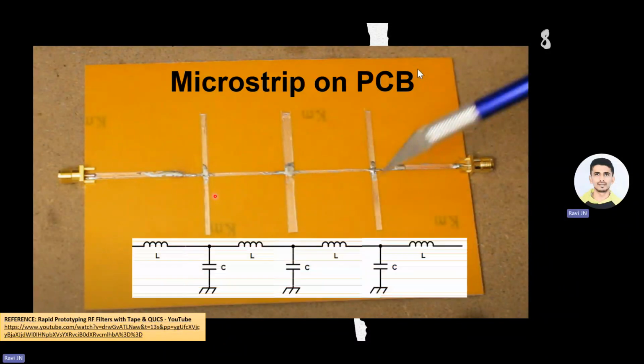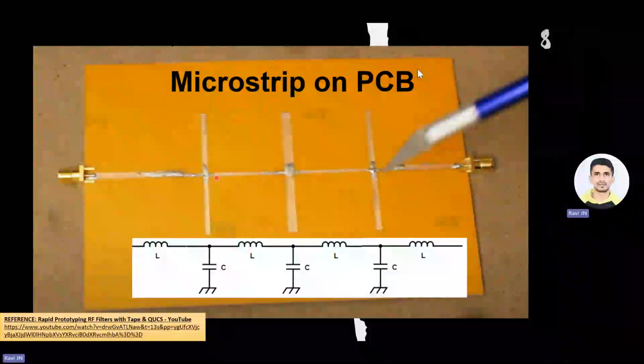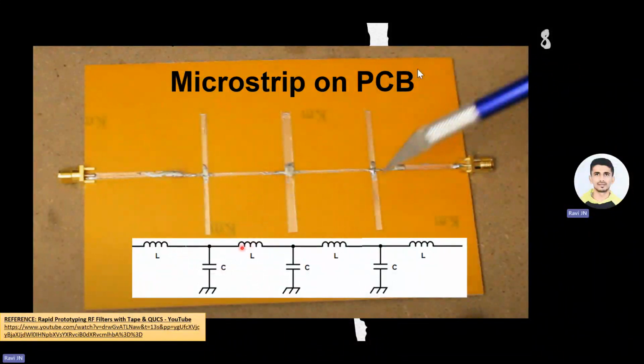Whatever you see at the start, we can assume to be an inductor of some specific value, and whatever we see as a vertical line can be assumed to be a capacitor, whose other end is connected to ground, since I'm assuming this PCB is grounded. Then again a straight line, which I can assume to be an inductor, then a capacitor, inductor, capacitor, inductor, and finally the output is connected. So the input-to-output connections look something like this.